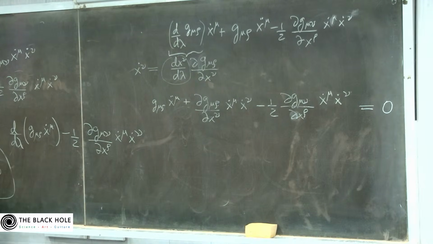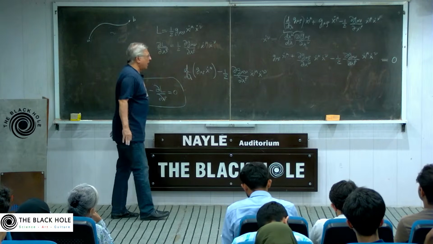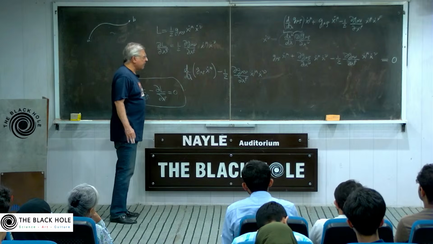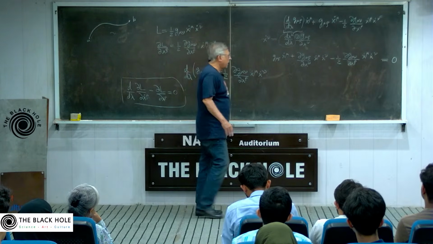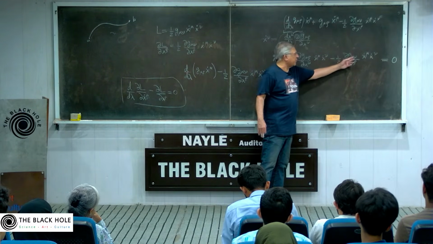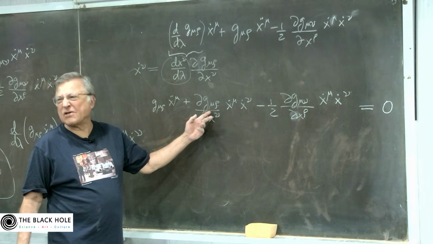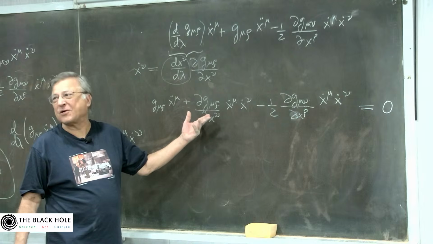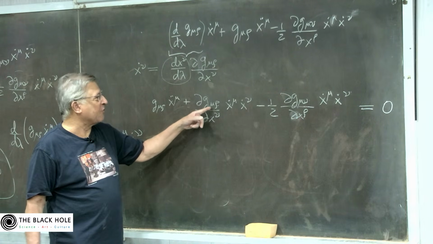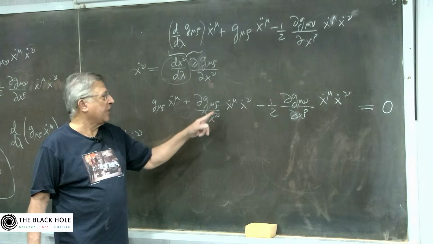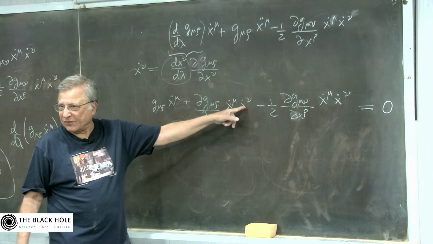So this is Lagrange's equation, and we are almost done, except that this is symmetric in mu nu, and this does not look symmetric in mu nu, but it actually is, because I can call mu nu and nu mu over here.